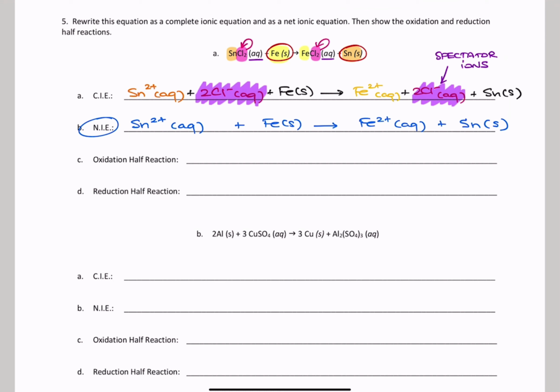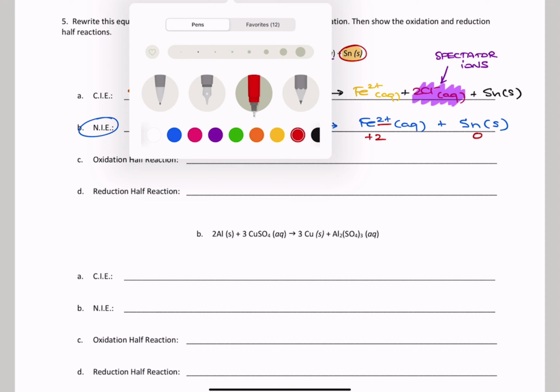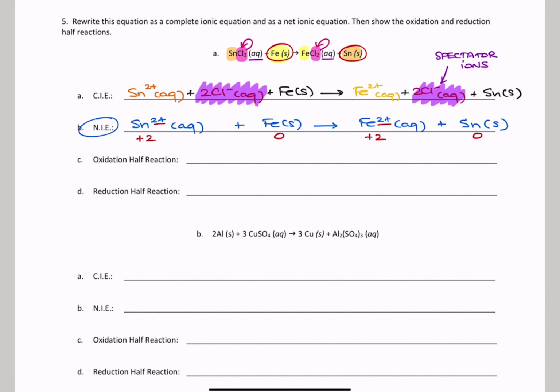Then we're looking for the oxidation and the reduction reaction. Remember, at the beginning of the chapter, we talked about oxidation number. Elemental iron and elemental tin get an oxidation number of 0. Here we have monoatomic ions, therefore +2 for tin(II) and +2 for iron(II). So what is happening here?